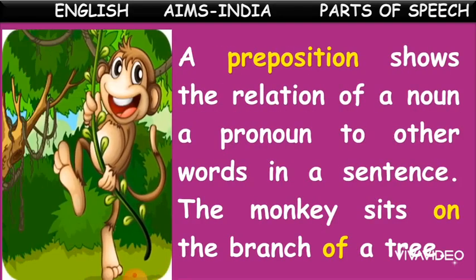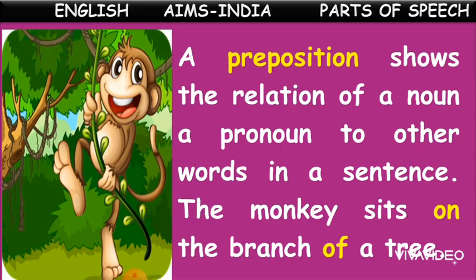Okay. Now what is the next one? Next part of speech is preposition. A preposition shows the relation of a noun or a pronoun to other words in a sentence. What is a preposition? A preposition shows the relation of a noun or a pronoun to other words in a sentence. For example, here, the monkey sits on the branch of a tree.